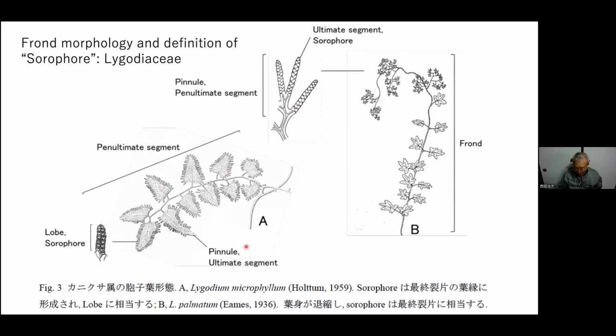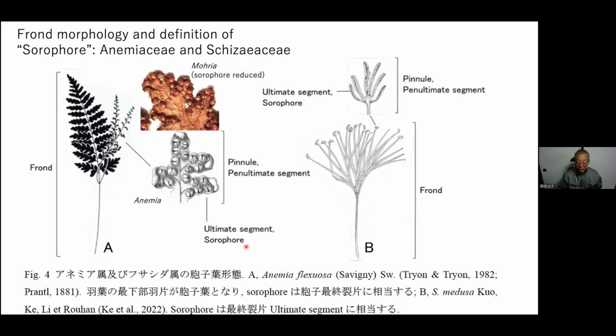And in other families, for example, Anemia forms a typical fertile lateral pinna, usually standing upright.